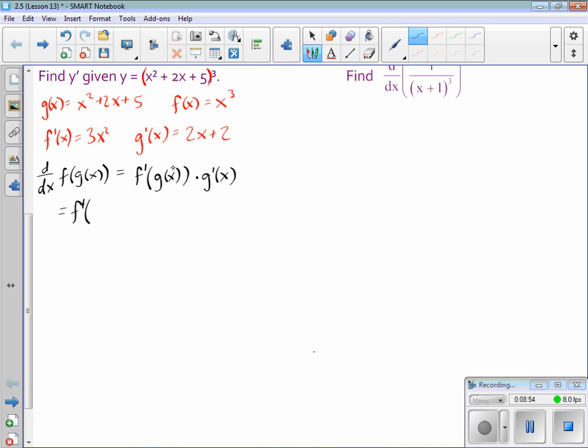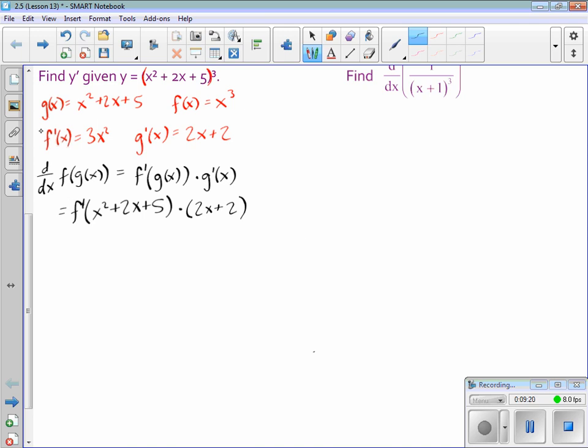Yep, my x is x squared plus 2x plus 5. So does everyone see where that g of x came from? Just here. So instead of f prime of g of x, I'm putting f prime of what my actual g of x is. And then I'm going to multiply that by what's g prime of x? 2x plus 2. So I'm just plugging some stuff in now, okay?